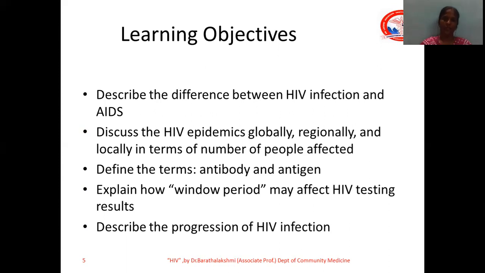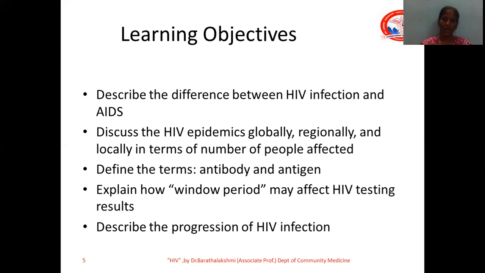When HIV enters into our body, this virus will stick on to the CD4 helper cell surface, that is a receptor. And this virus will inject the viral RNA into the CD4 helper cell after integrating with the cell surface.